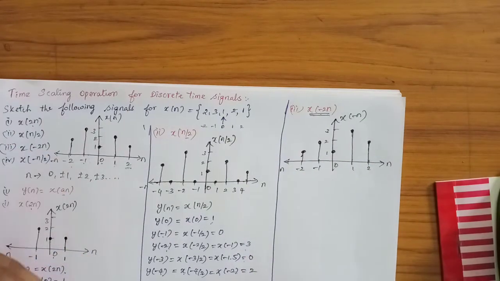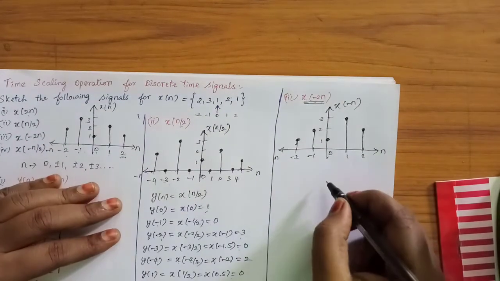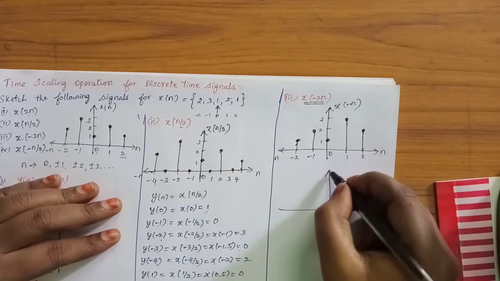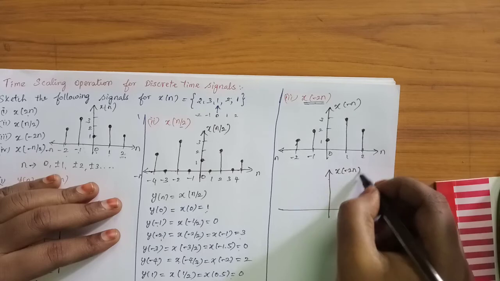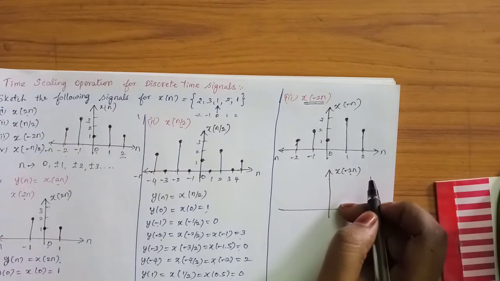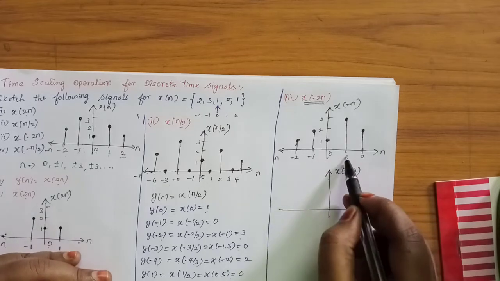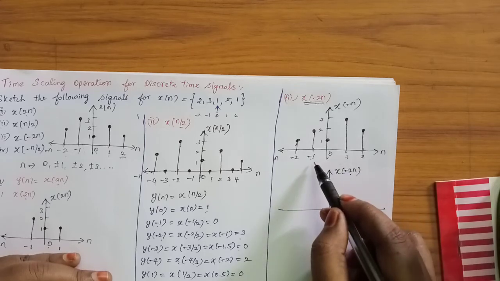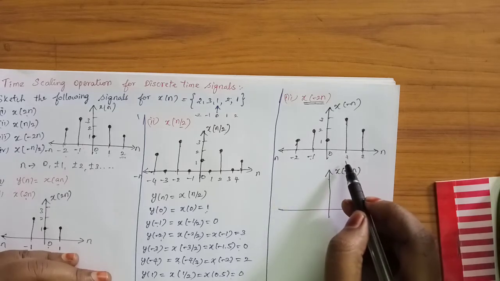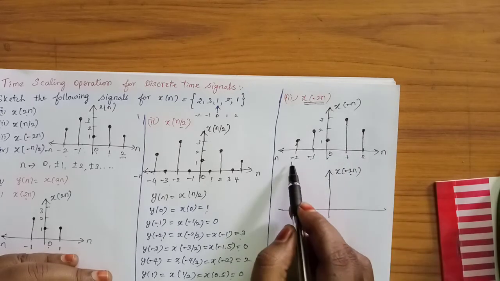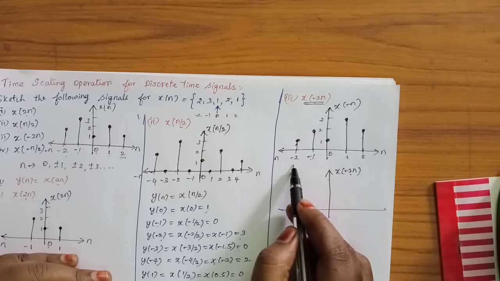Okay, now we have to perform the time scaling operation, that is x of minus 2n. Okay, so here the a value is 2, so we have to divide the samples by 2. So if I divide, automatically we have to discard the samples at minus 1 and 1, because if I divide by 2, here we will get minus 0.5, and here I will get 0.5. Okay, so we have to discard those samples. So if I divide minus 2 and 2, we will get minus 1 and 1.